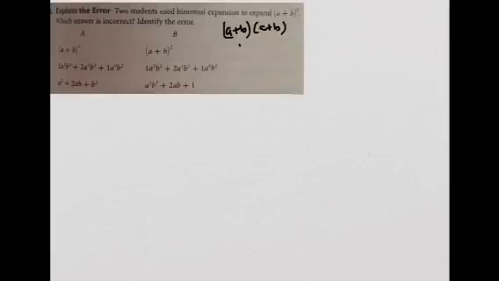So that's a squared plus ab plus ab plus b squared, right? So then that's two of these, right? So that's going to be a squared plus 2ab plus b squared. So the work that matches that is this one right here.